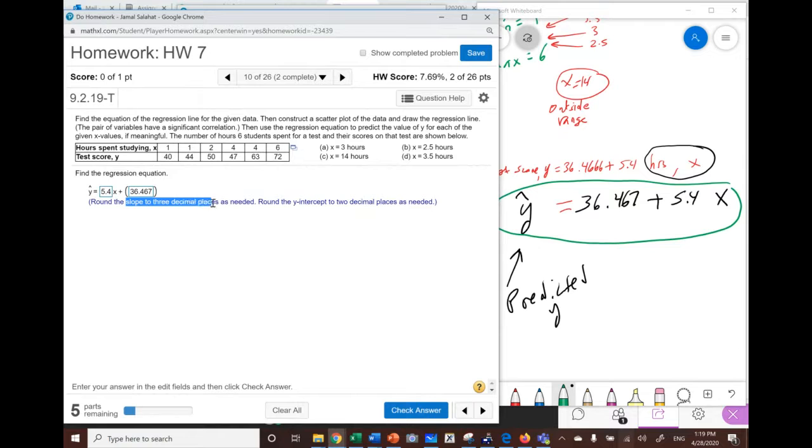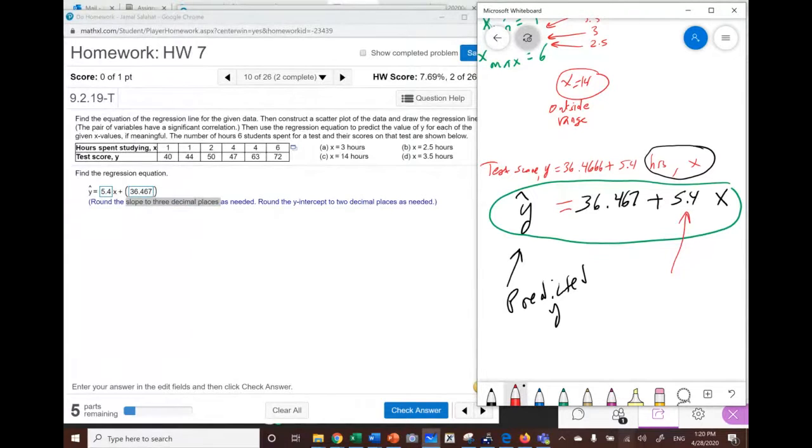It says write the slope to 3 decimal places. Now notice that this is the slope. 5.4 is our slope. They want it to 3 decimal places. 3 decimal places means you're going to add 2 zeros, but you don't have to add the 2 zeros. It's okay. That is the slope. Now this is the intercept. They don't want the intercept to 3 places.